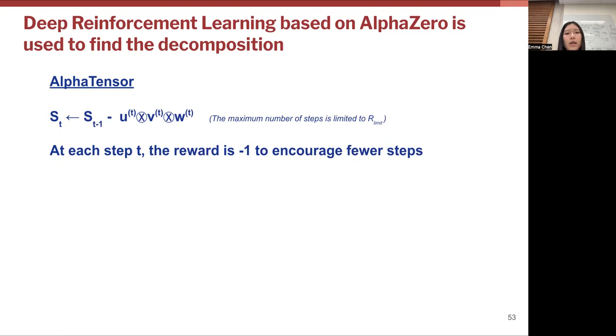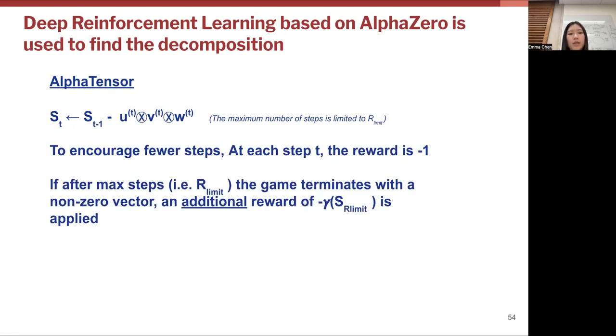So how do we encourage the player to learn to use as few steps as possible? The way we do it is to use a negative reward for each step. So the more steps you take, the smaller the final return is going to be.